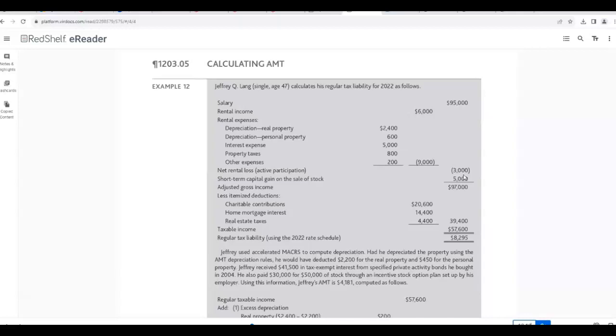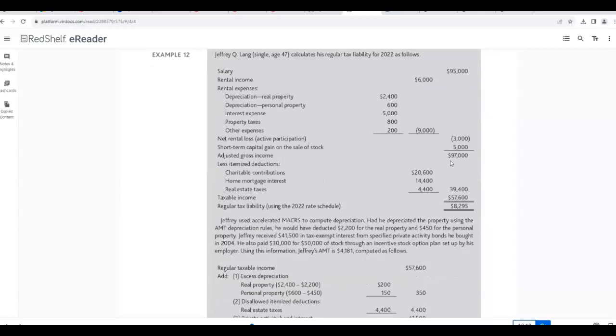So far, so good. Short-term capital gain on the sale of stock, that's $5,000 capital gain. So 95,000 minus 3,000 plus 5,000 capital gain. Total adjusted gross income is $97,000.